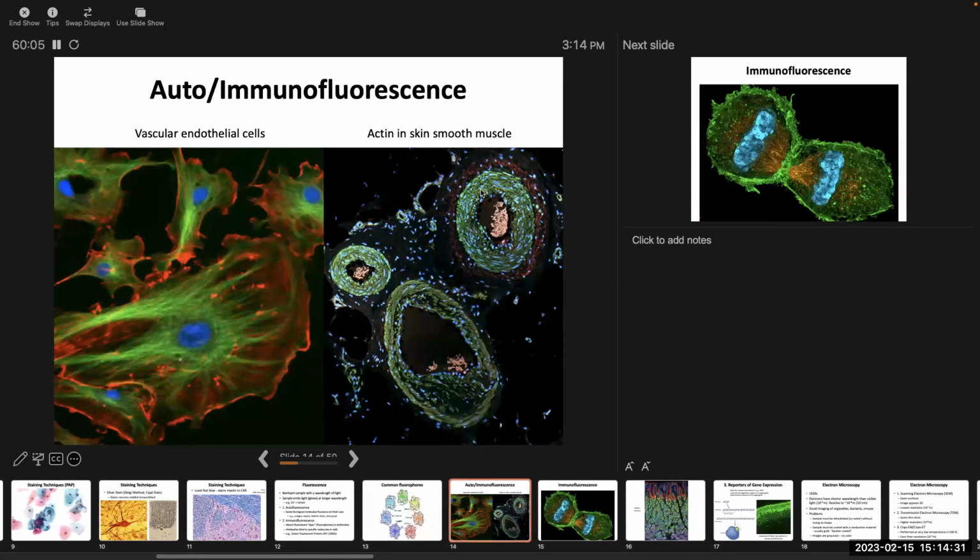These are light microscope images with the addition of fluorophores that have been attracted to particular molecules through this process of immunofluorescence. So on the left, you have some vascular endothelial cells. These would be the flat cells that line the inside of your arteries and veins.